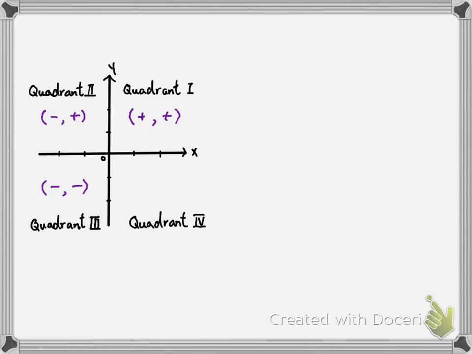And in quadrant 4, the x values are positive and the y values are negative. Because we know x equals cosine t and y equals sine t, we can conclude the following.